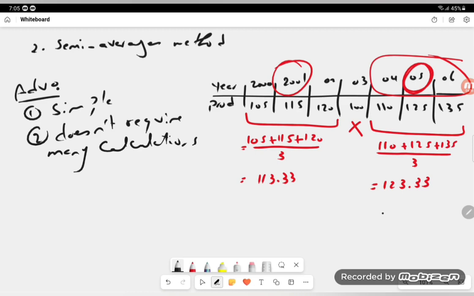What about the disadvantages? It's used when trend is linear, so it can't be used if trend is non-linear.